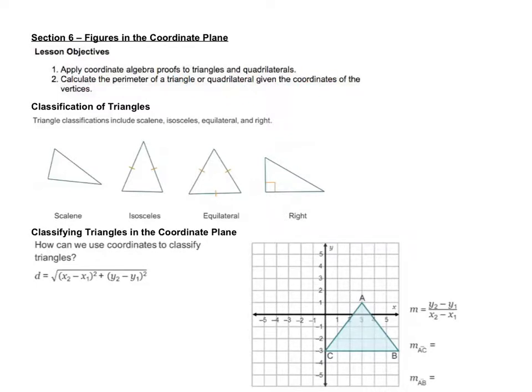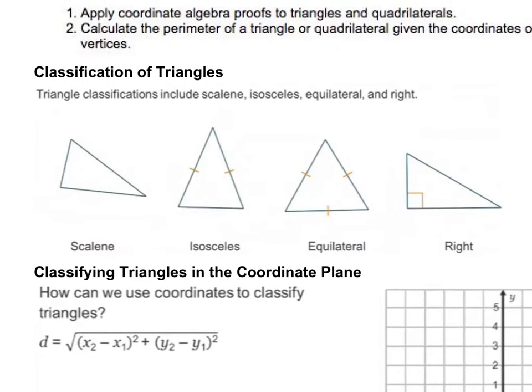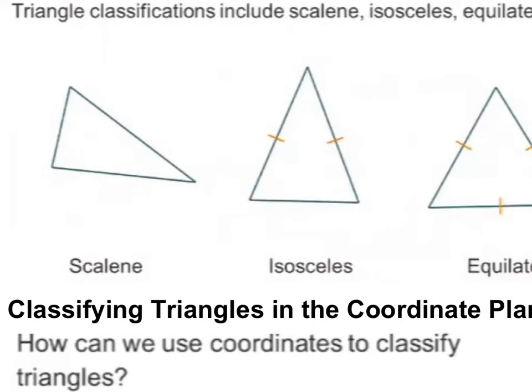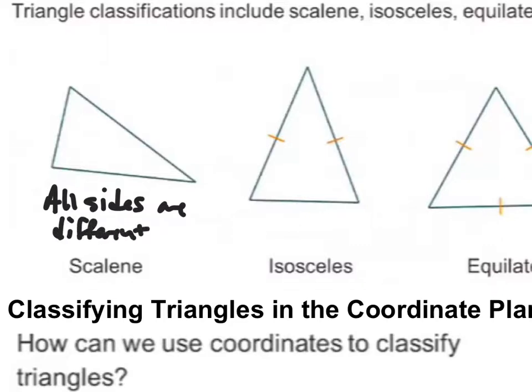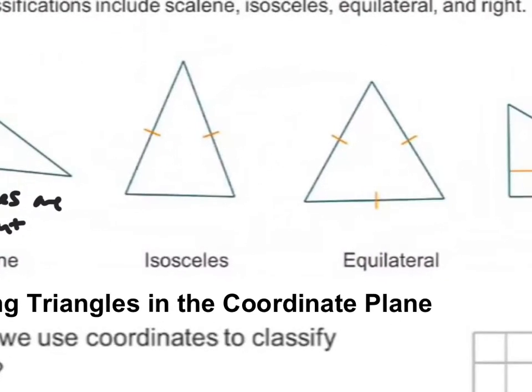Just a quick review of the types of triangles. We have a scalene triangle where all three sides are different. We have an isosceles triangle, which means we have two congruent sides, and we actually have two congruent angles.